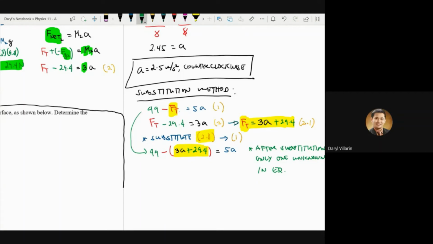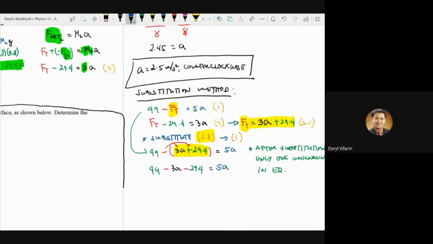But here, this is already just a single unknown, which is A, which is what I also want to solve. So this is 49 minus 3A minus 29.4 is equal to 5A.